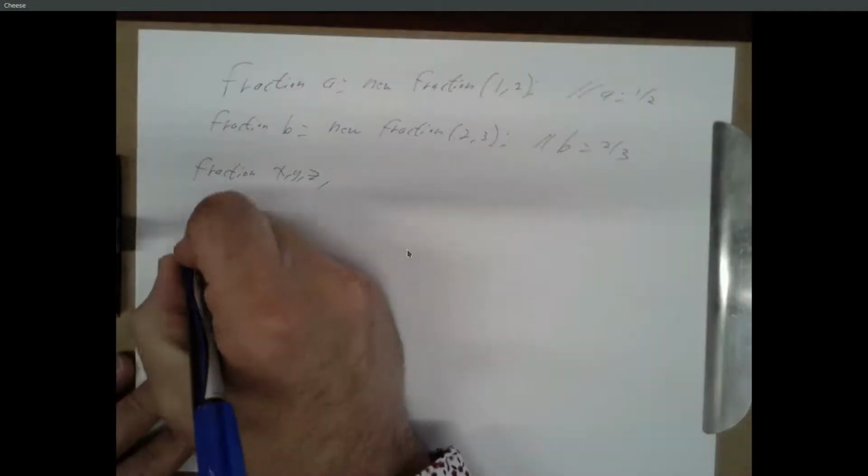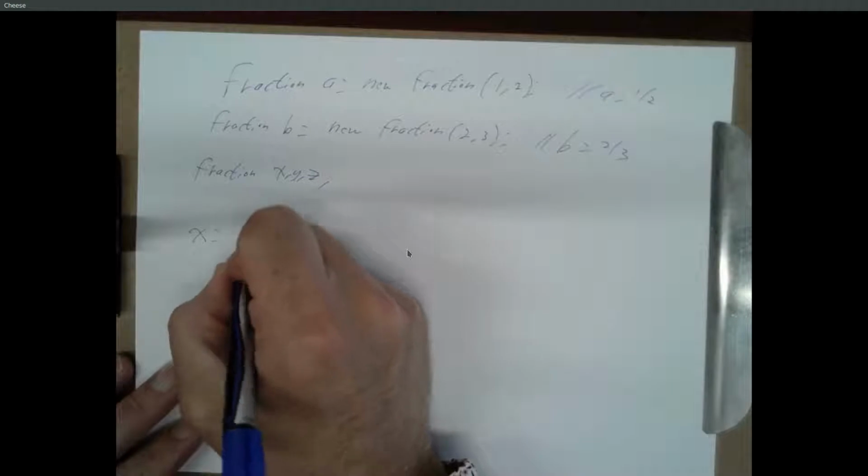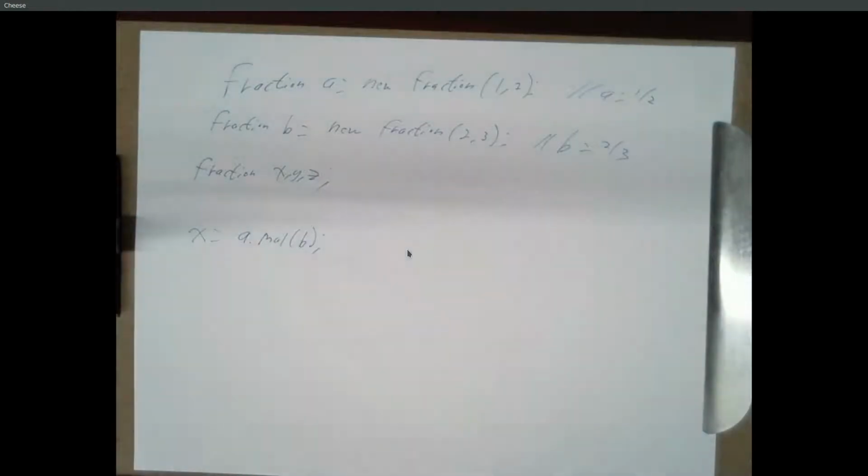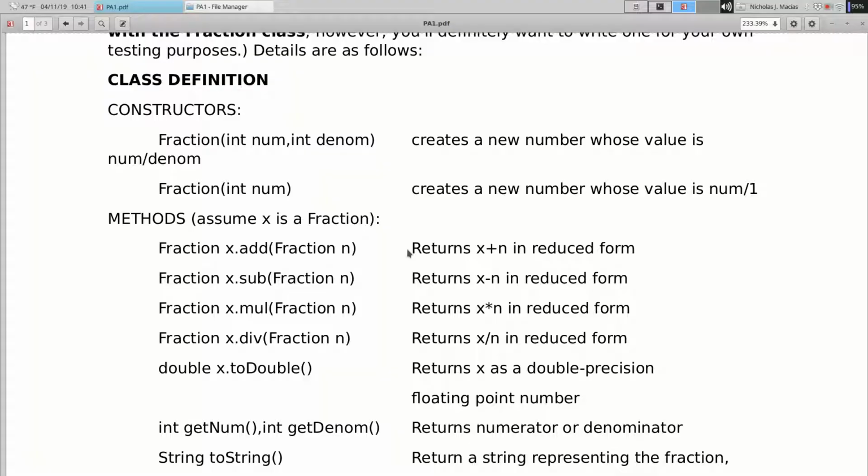So I can do something like x equals A multiplied by B. So A is a fraction. It's going to have a multiply method. The multiply method takes a fraction n and it returns whatever the object is times n.